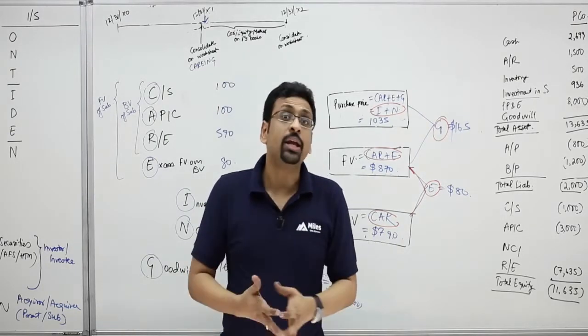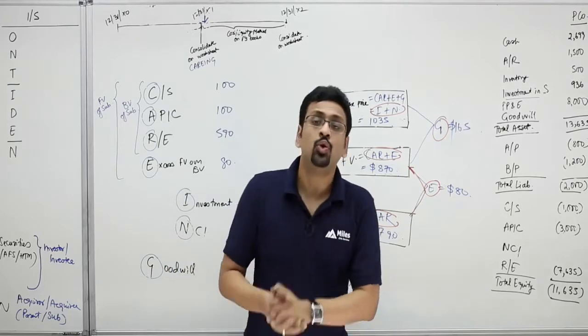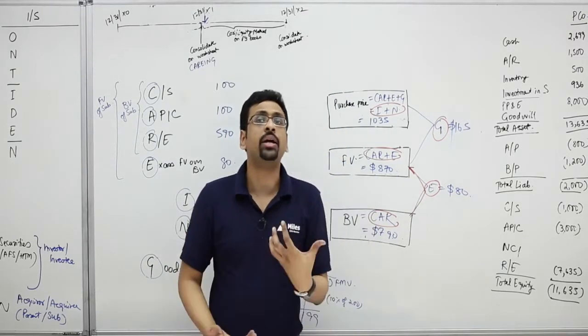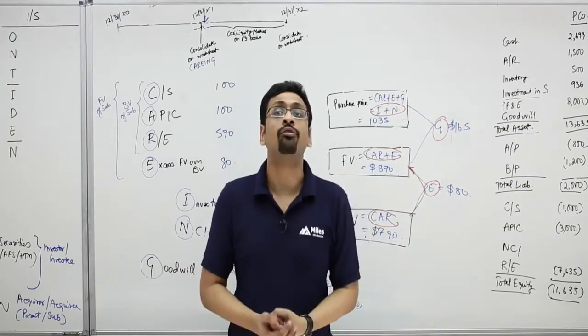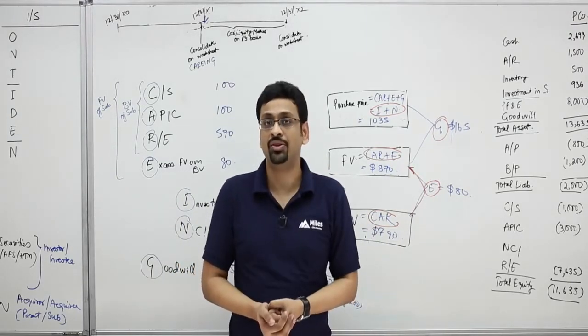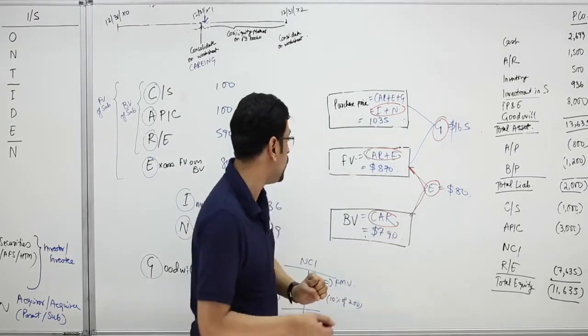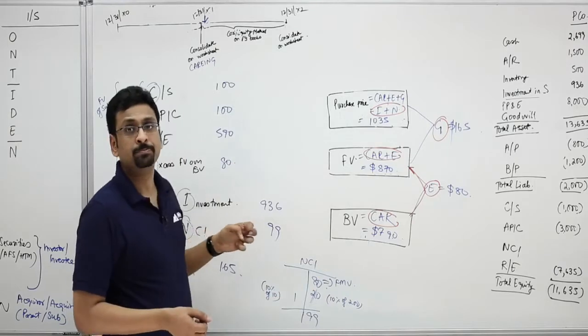When you're computing non-controlling interest under GAAP, you use the full goodwill method. Your first preference is to use the fair market value of the stock for the non-controlling interest shares. You use the fair market value of the stock on the acquisition date because that's the date you want the non-controlling interest number.